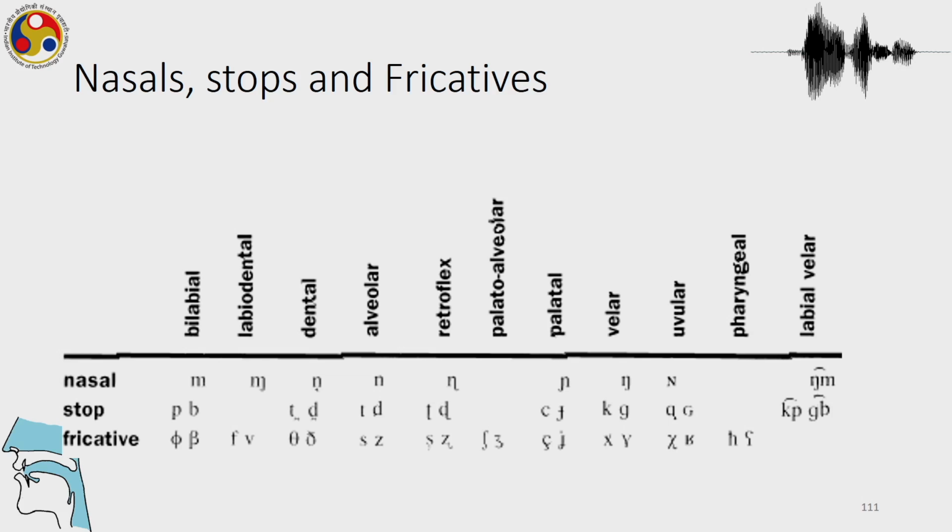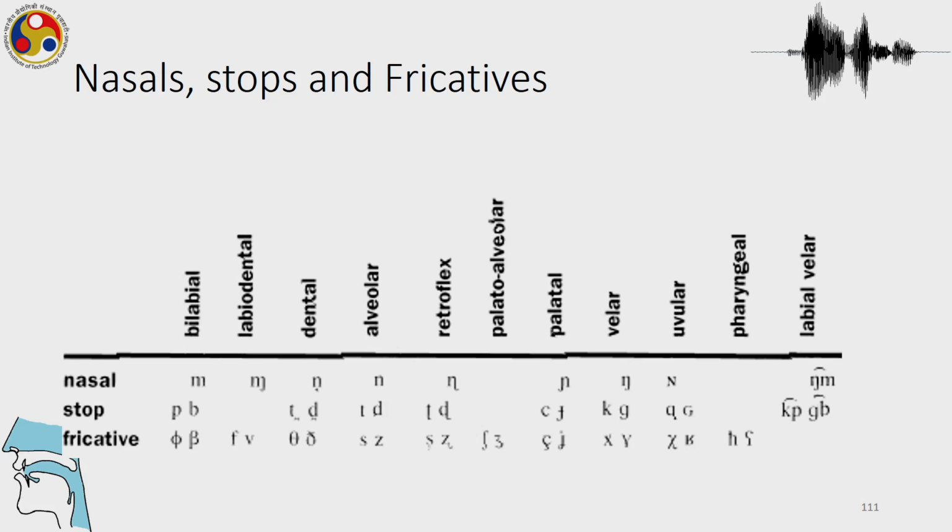So nasals, stops, fricatives can contrast along the bilabial dimension. Fricatives and nasals have labiodental. Stops generally cannot be labiodentals, and in the dental place of articulation all three are possible. Alveolar, all three are possible. Retroflex, also nasal, stop, fricatives are possible.